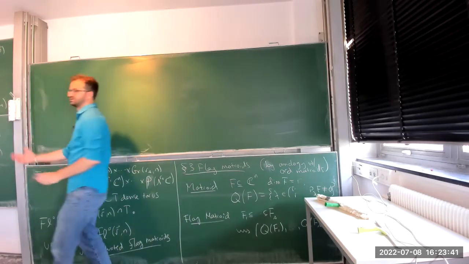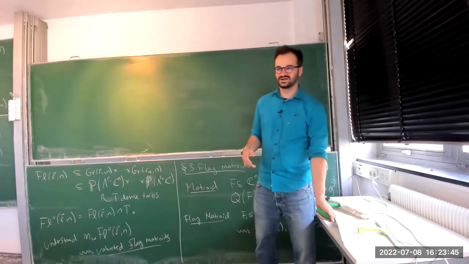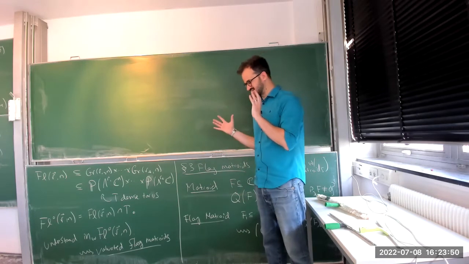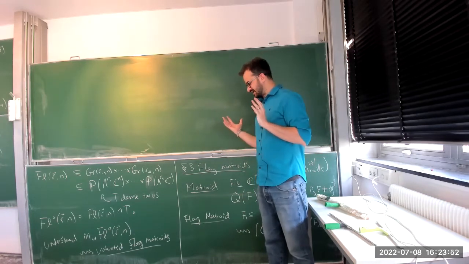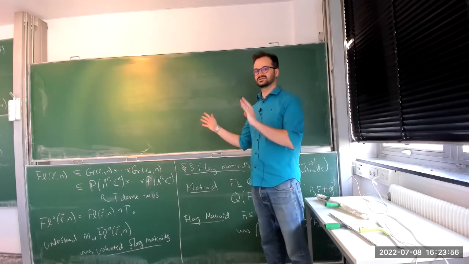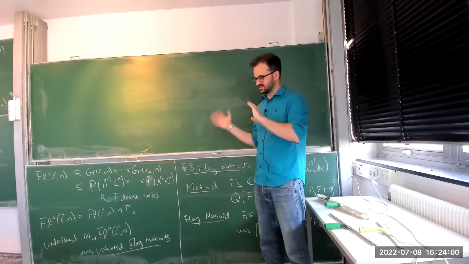So that's an example of when this is a proper closed immersion, and it's a weird thing. I don't quite have a clear picture of exactly what's going on there, at least at the combinatorial level.